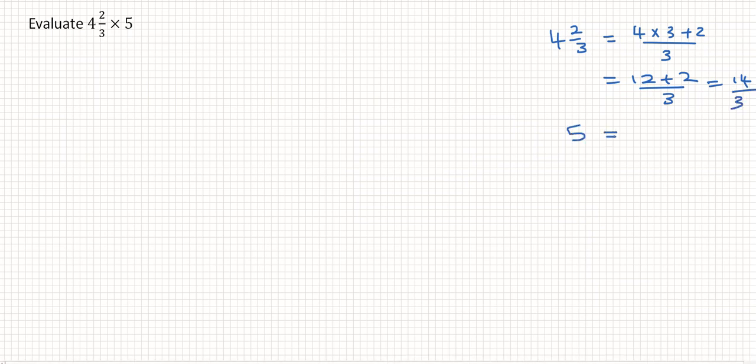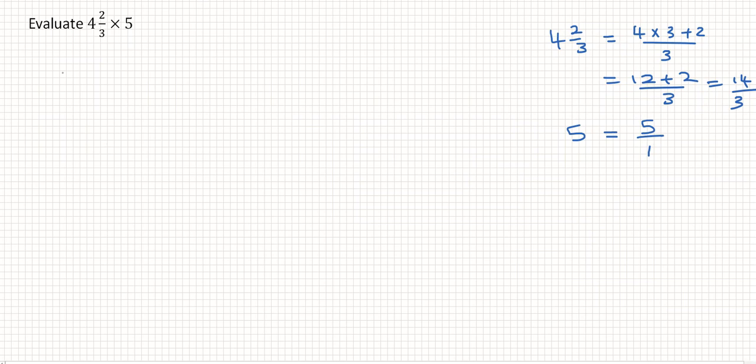Evaluate 4 2/3 multiplied by 5. First step, let's convert 4 2/3 to an improper fraction. We have 4 multiplied by 3 plus 2 over 3, which is 12 plus 2 over 3, which is 14/3. The next thing is to convert 5 to an improper fraction with 1 as its denominator.